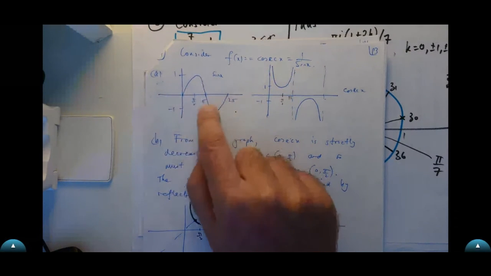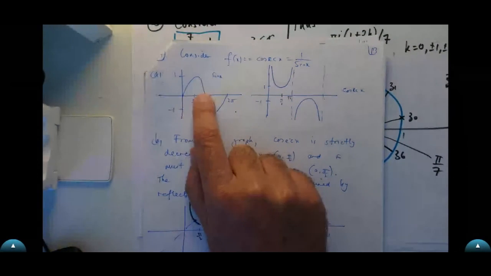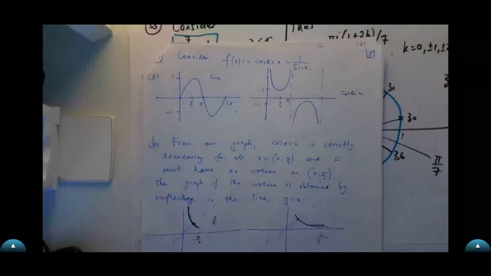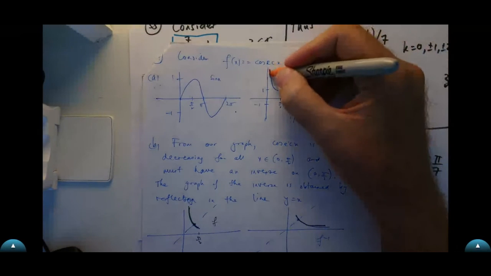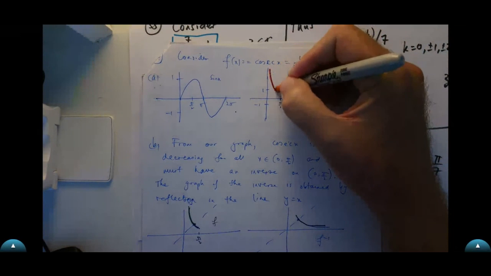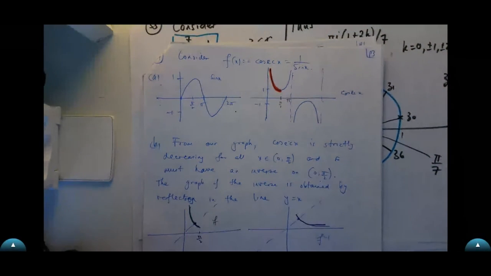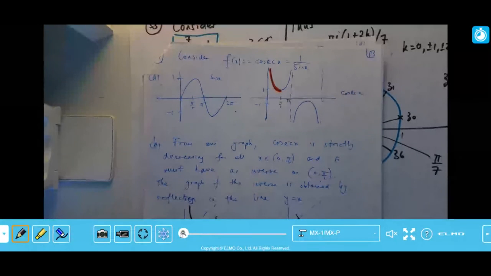So I drew the sine function and worked out where it was 0, and that's the interval we're interested in. For 0 to pi on 2, you get that part of the curve, which is definitely decreasing, and one-to-one. Let me zoom in on that.